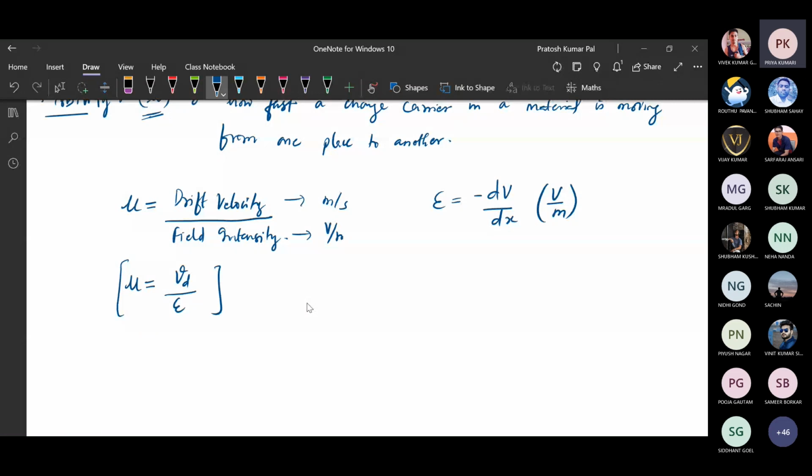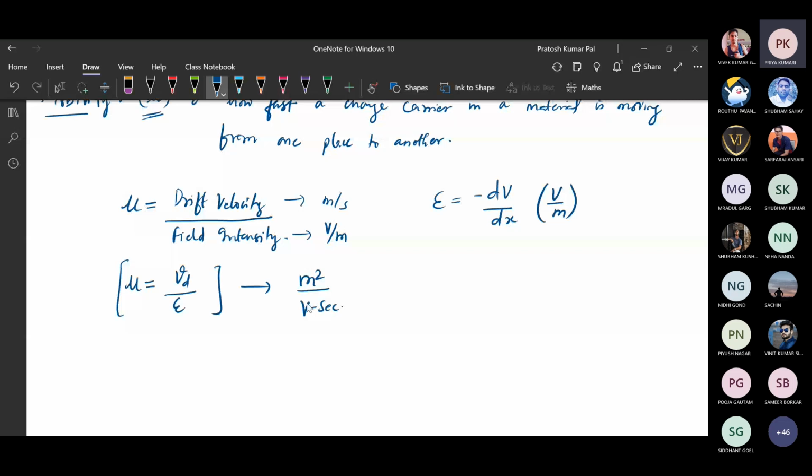Overall, the unit of mobility is meter per second divided by volt per meter, so it is meter square divided by volt second. This is the unit of mobility.